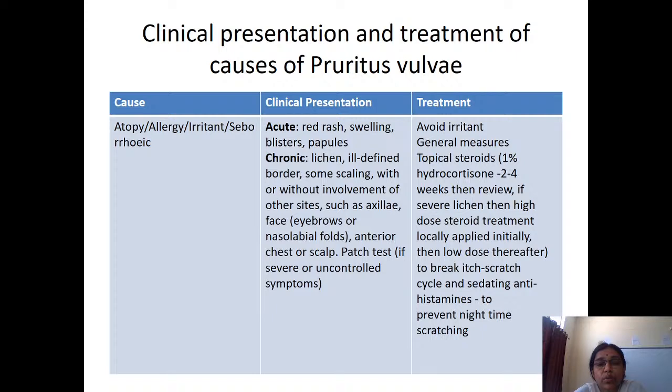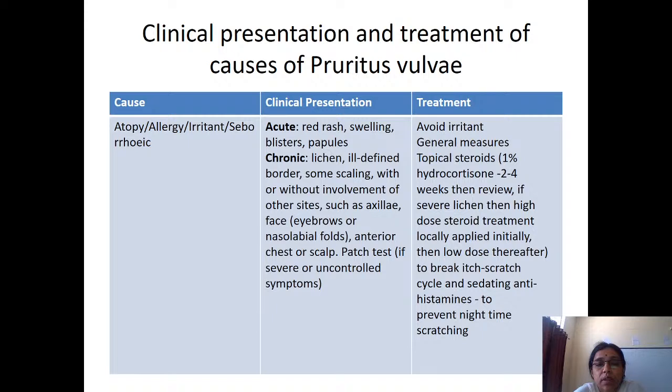And then coming to the cause, either it could be atopy, allergy, irritant, or seborrheic dermatitis. The clinical presentation, if it is an acute condition, is that the woman presents to us with a red rash, sometimes associated with swelling, and we can always see blisters or papule formation.